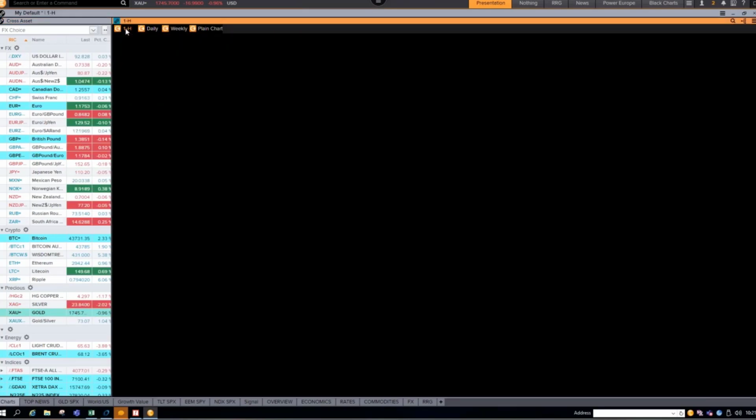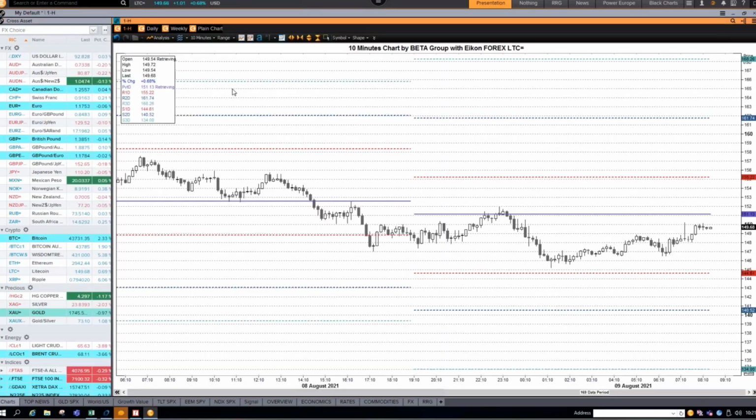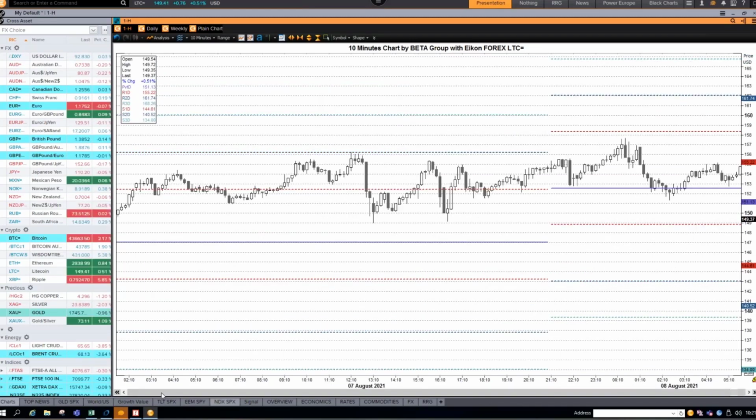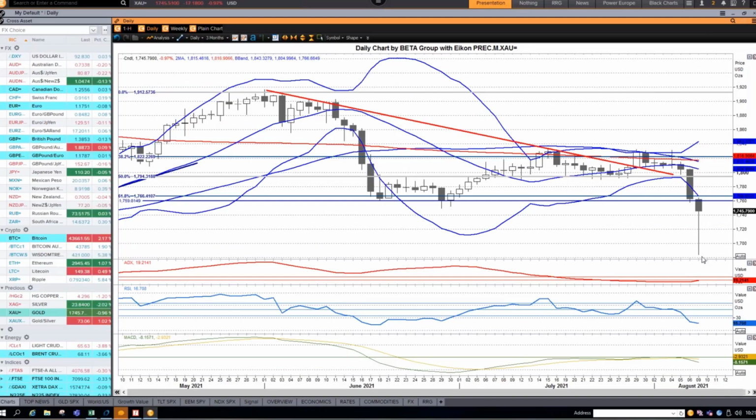If I go to the hourly chart, you can see that the spike was formed, but now the spike has cleared, I believe. And so maybe it's a data correction. So I'll have to see. It's still on the daily chart. Did it really go down to this level here?